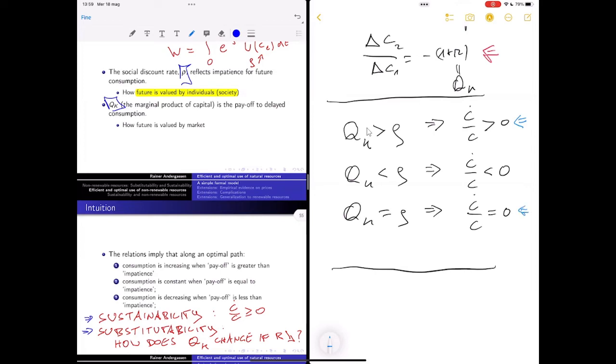At least, Q, the marginal product of capital, has to be not lower than rho. This is the condition we would like to have.